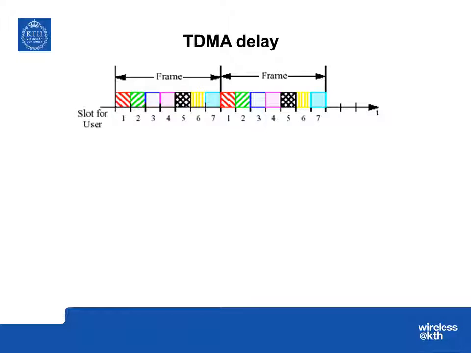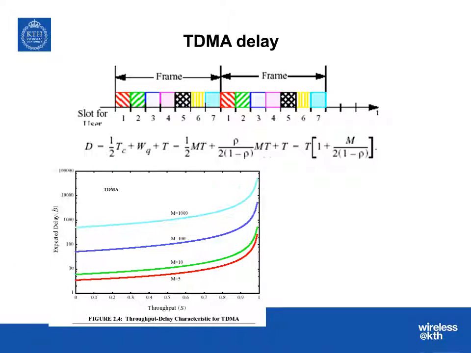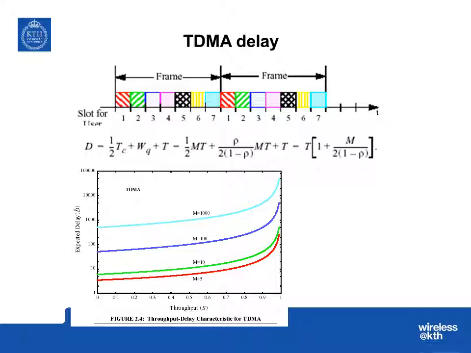So he has to wait approximately half the frame, or m/2. So the delay for an almost empty system will be m/2 instead of m for an FDMA system. And we can do this calculation in detail, and we can see the graphs show exactly that.